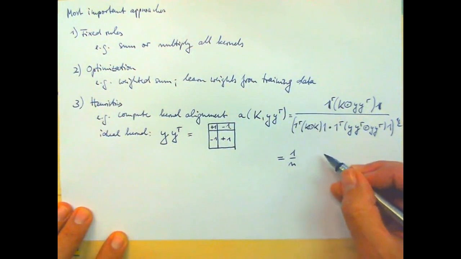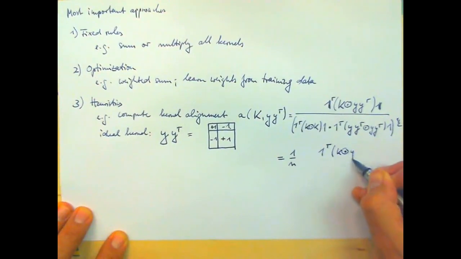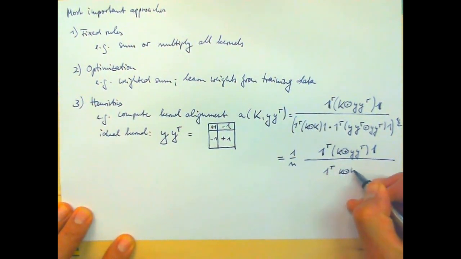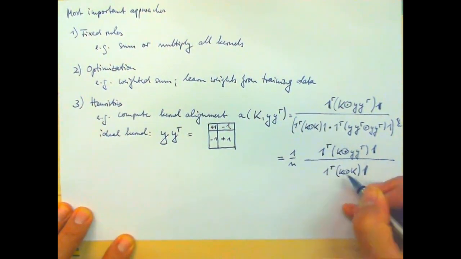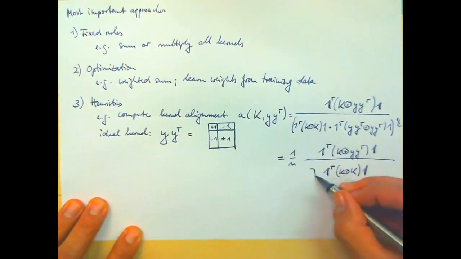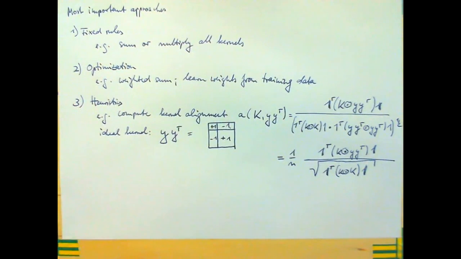The numerator stays the same. To the power of a half. So this is the definition of a kernel alignment.